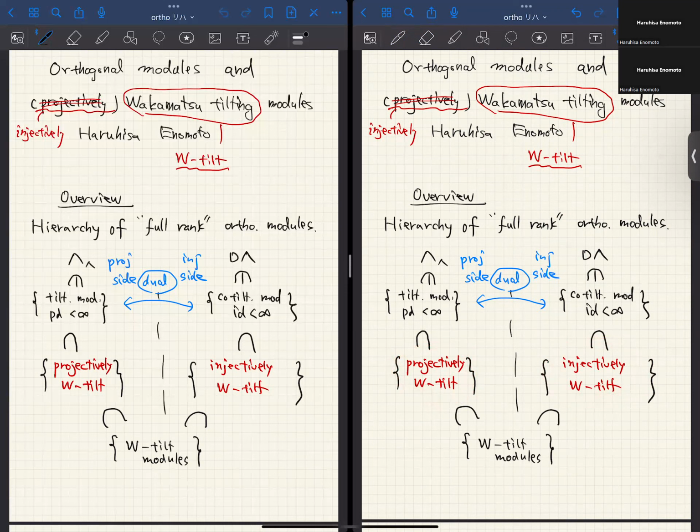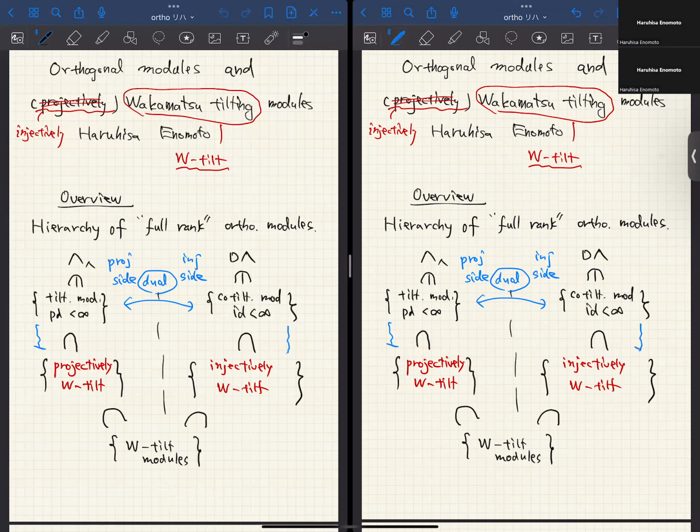I want to remark that in my preprint, it's called Wakamatsu projective and Wakamatsu injective, but I will change the name to this more precise name. So we have a kind of generalization.